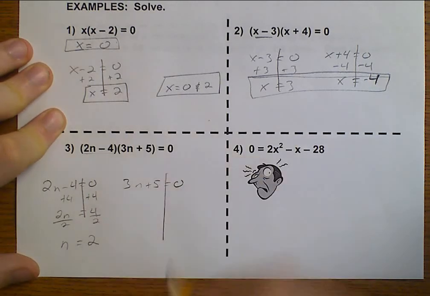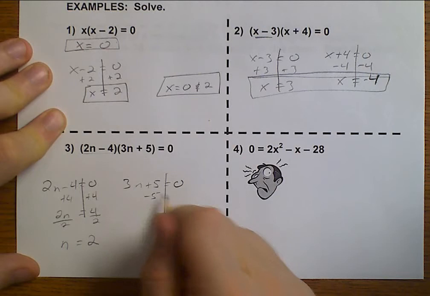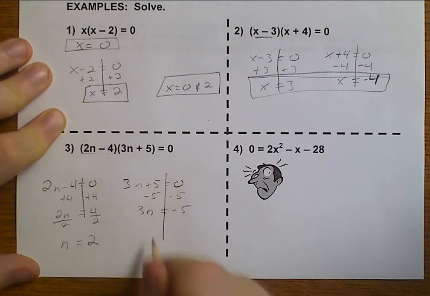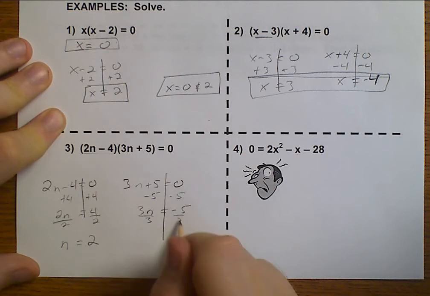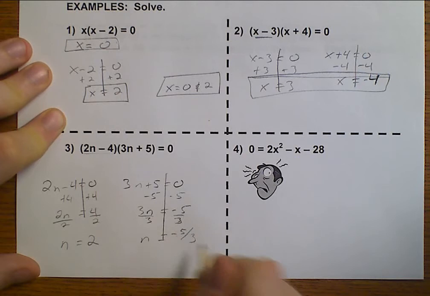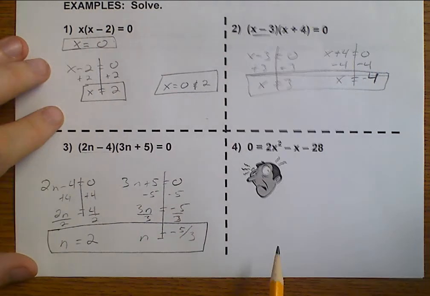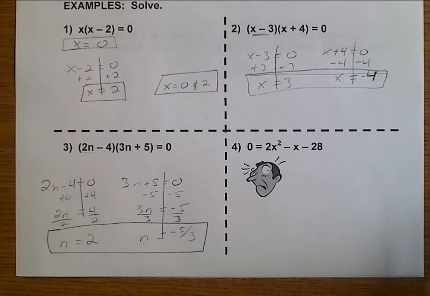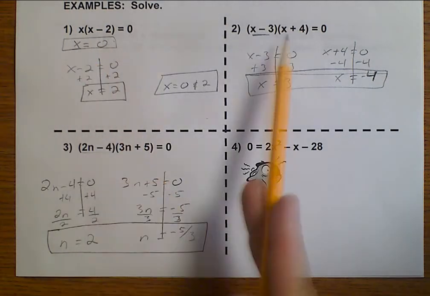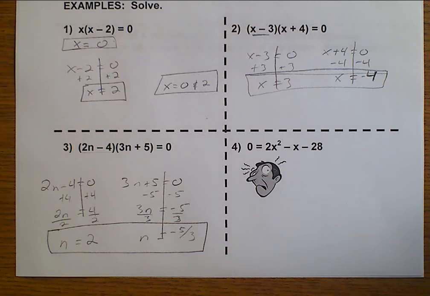Over here, if I subtract 5 from both sides, I get that 3n equals negative 5. Divide both sides by 3, and I get that n equals negative 5 thirds. And so you've seen, if I have it in factors, all I need to do is put each part to 0.